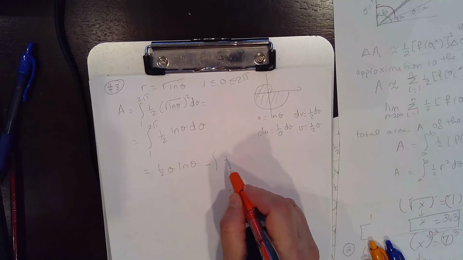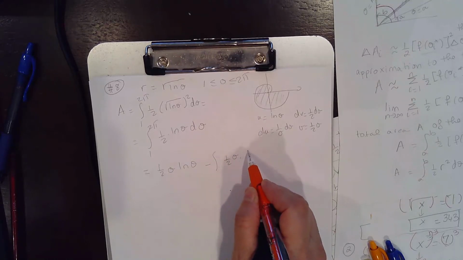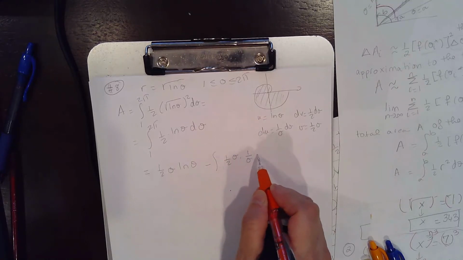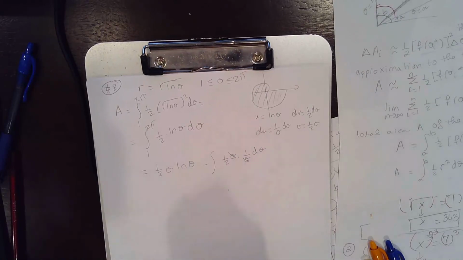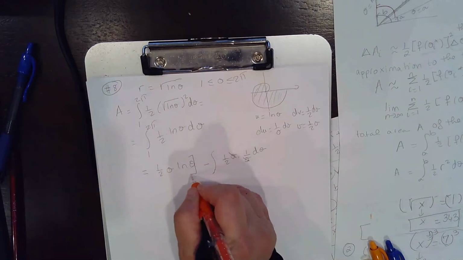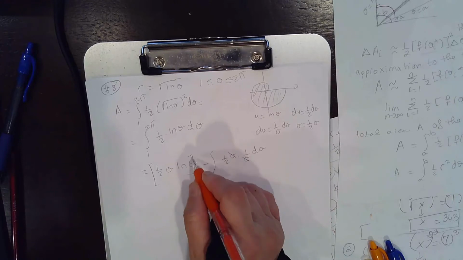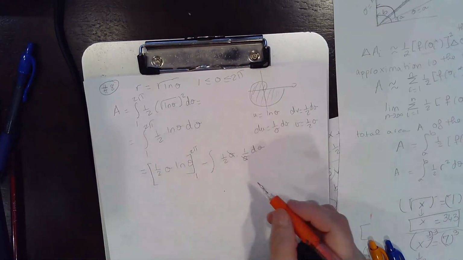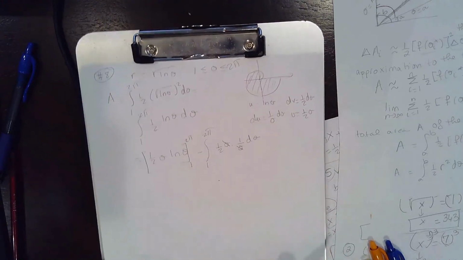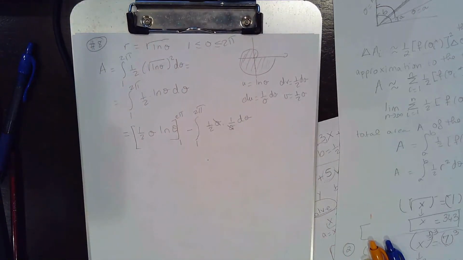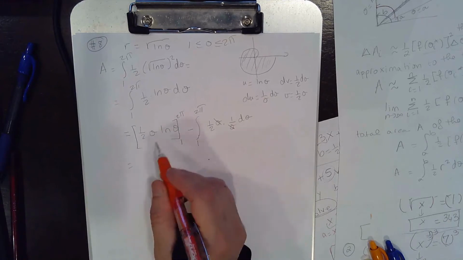So 1/2 theta times 1 over theta d theta. And this is going to work out nicely. You have here 1/2 d theta, so this is already integrated. It's going from 1 to 2 pi, and this is also from 1 to 2 pi. It's easy to integrate the second one here, so let's go ahead and do this one.